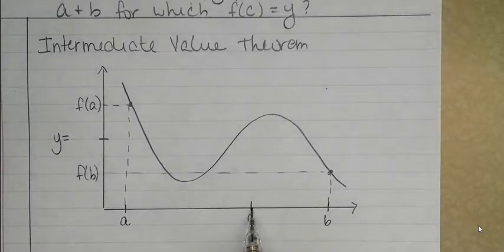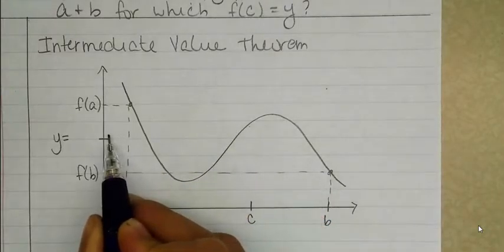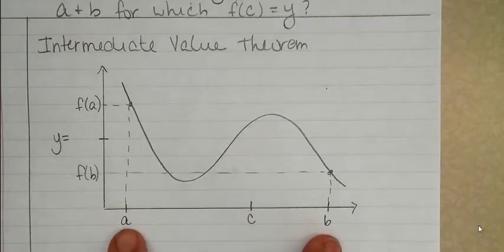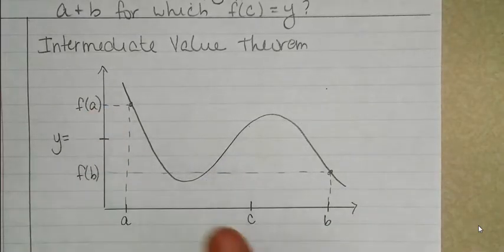Once I put this input into the function, there's going to be an output that goes with this input. This input is in between my two inputs here. So therefore the output, f of c, has to be in between f of a and f of b.